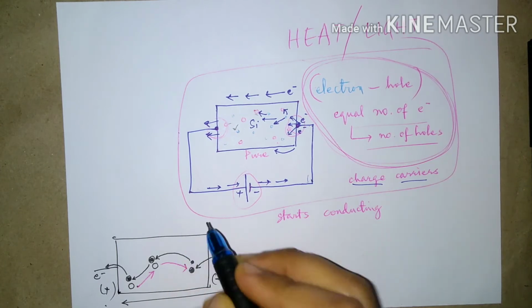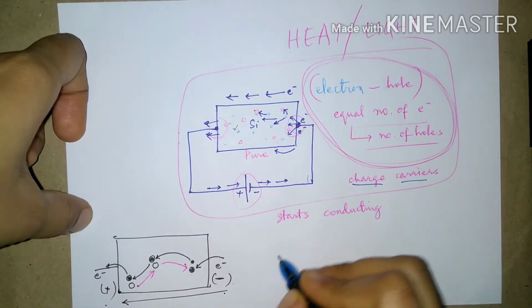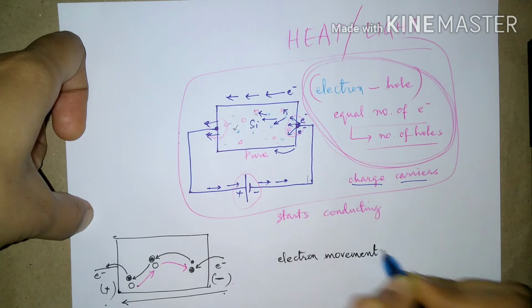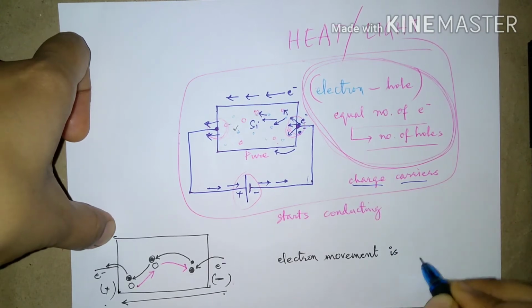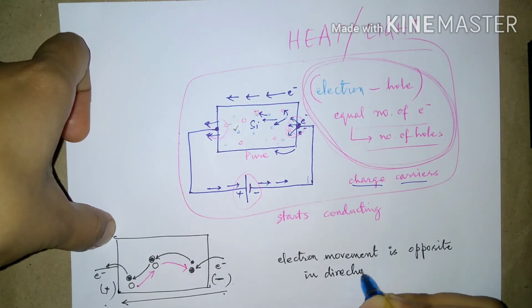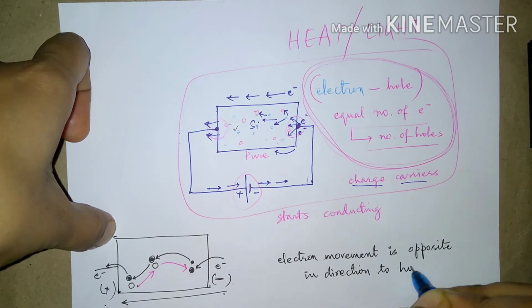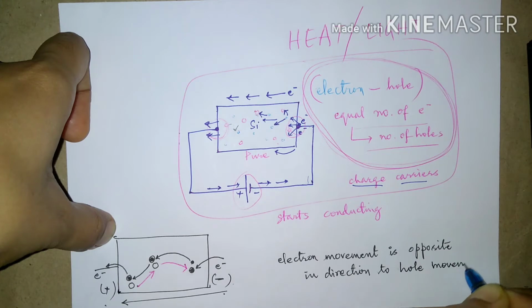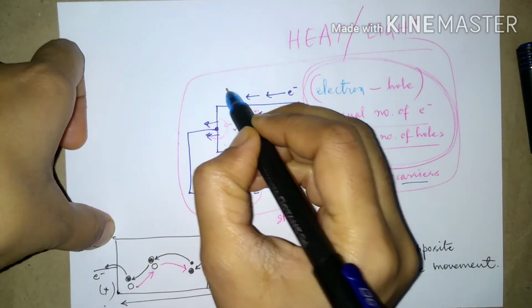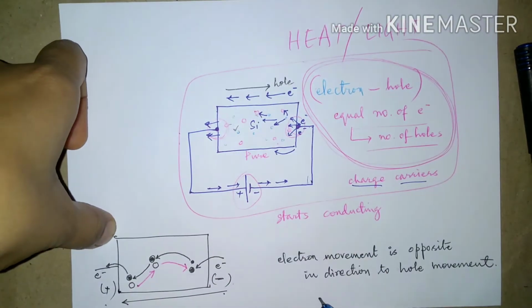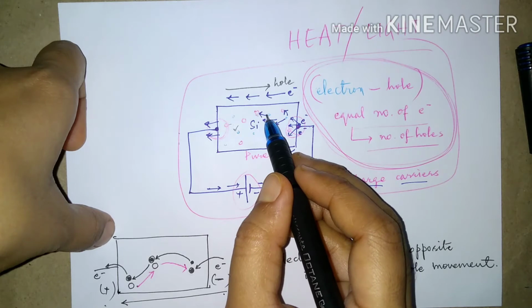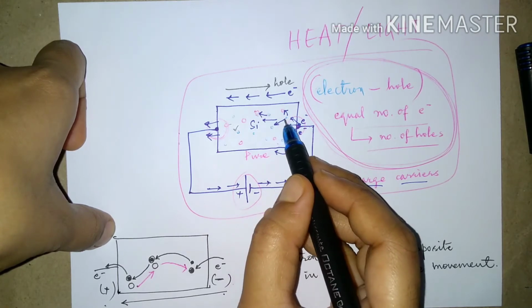Now the whole point that I want you to take is that electron movement is opposite in direction to that of the hole movement. If an electron is moving in this direction, the hole will move in this direction, because an electron definitely gets attracted towards the hole, and once this electron leaves this place, the hole gets created here.